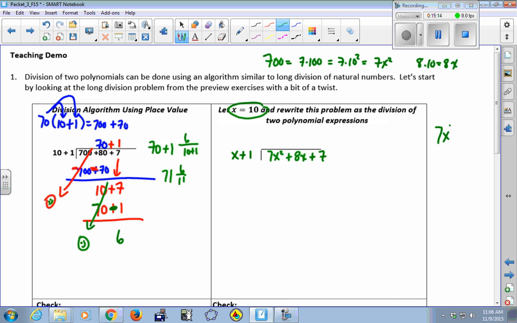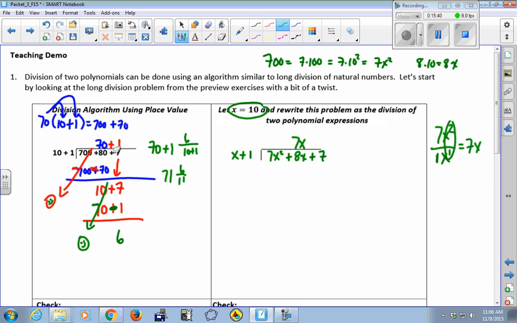Over on the side of my paper, I say 7x squared divided by x is 7x, because I subtract my exponents when I have like bases. And 7 divided by 1 is 7. So 7x. I need to put 7x above the like place. The like place here is my x place. So I put my 7x there, just like I put my 70 over here.